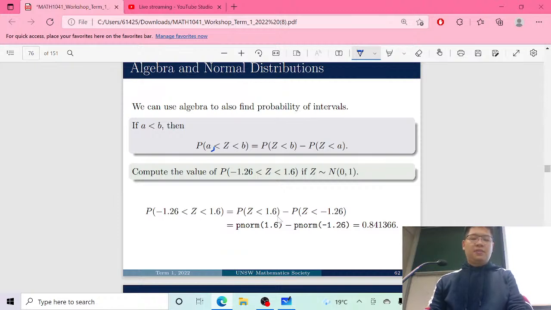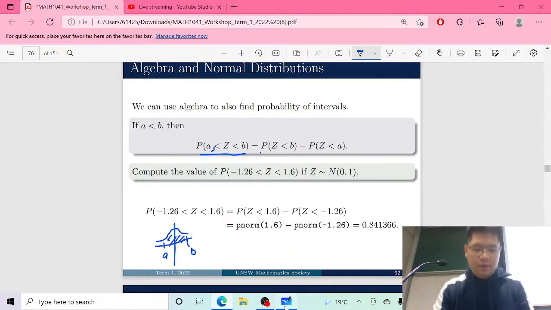But what happens if you have something like a less than Z less than b? Well, you just have to break it apart. The rationale is that if you draw the normal distribution, let's say this is b and this is a.